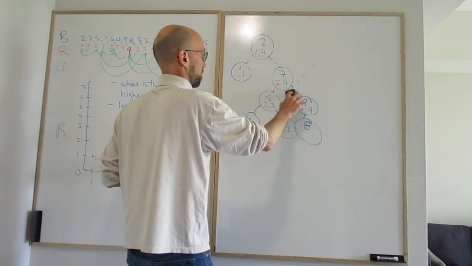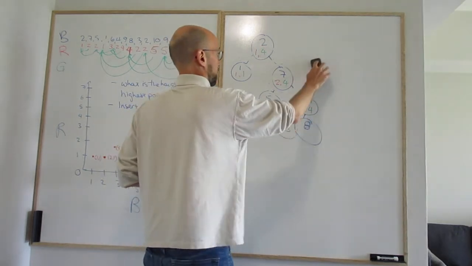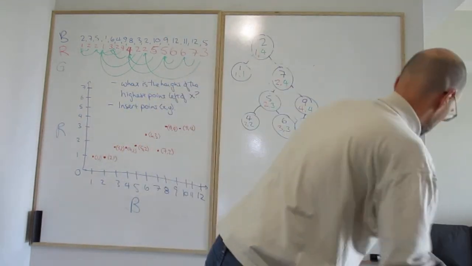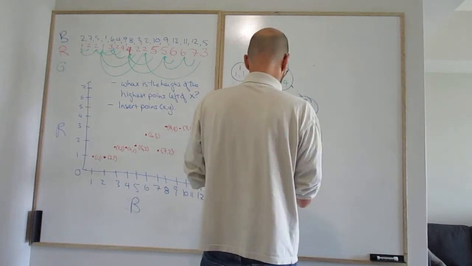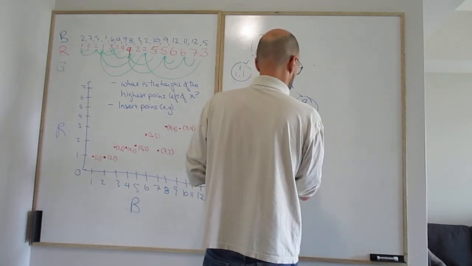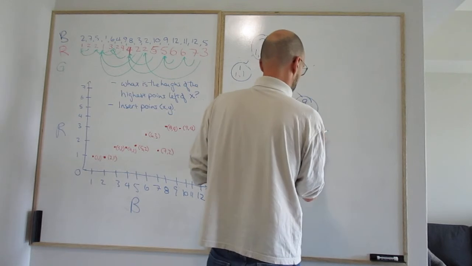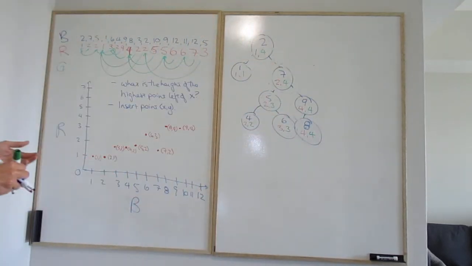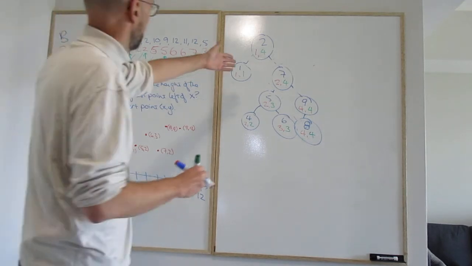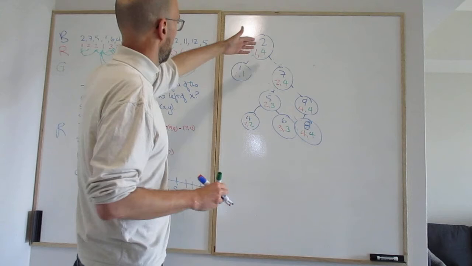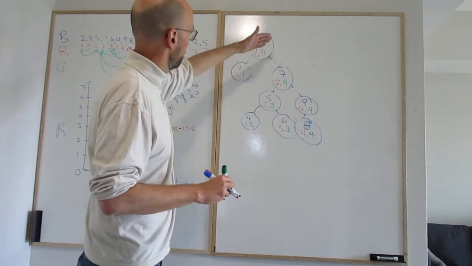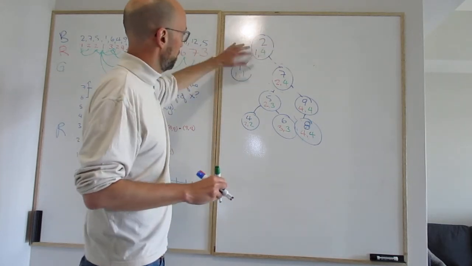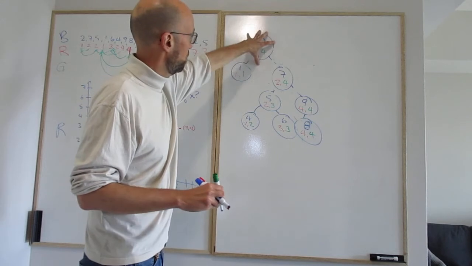Okay, so 8 is 4, and the max in its subtree is 4, and these don't change. 3, what's less than 3 is this stuff, so it's this subtree and this node.